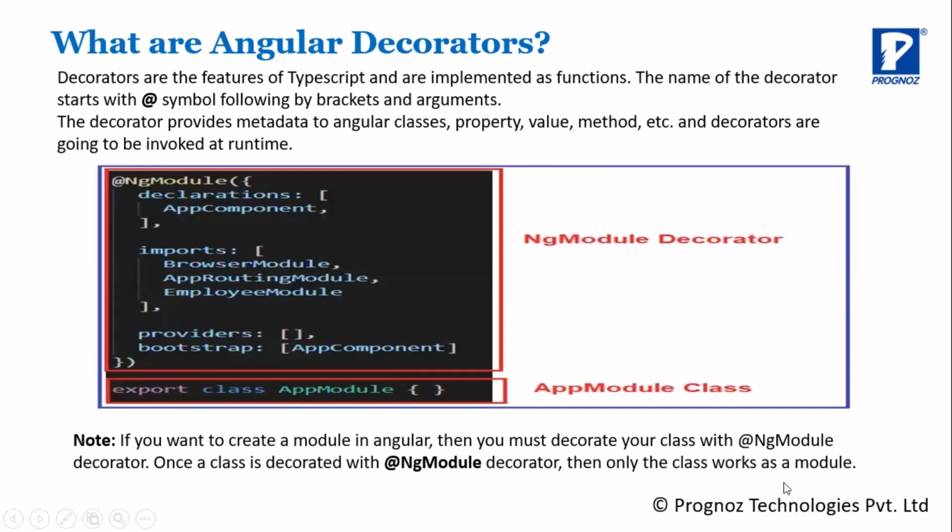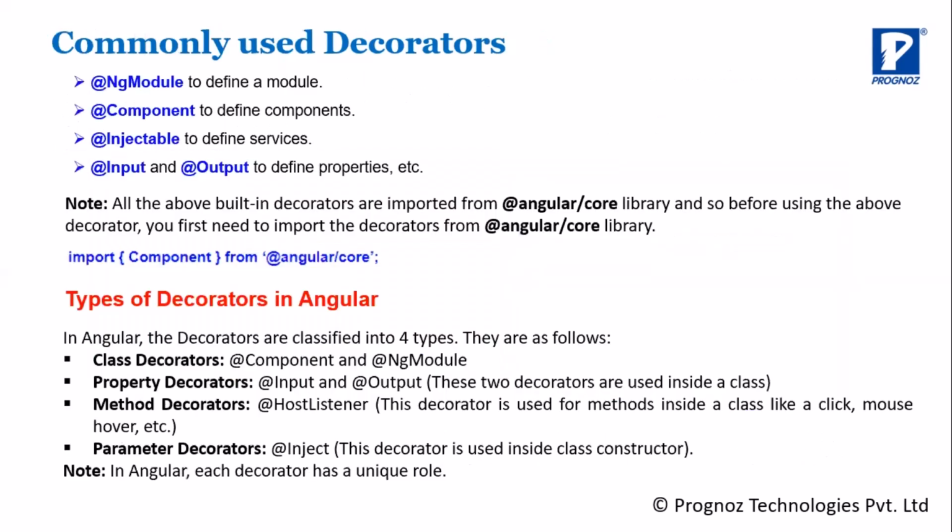Okay, कोई भी module अगर create कर रहे हो और उसके पहले तुमने लिख दिया NgModule decorator, that means it will work as a module. तो कोई भी class create कर रहे हो और उसके ऊपर तुमने लिखा NgModule decorator, so that means your class will act as a module. And if you are creating any class and उससे पहले लिख रहे हो @Component decorator, that means your class will act as a component. Okay, that you have to just remember.